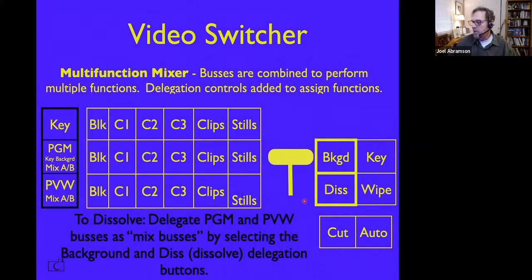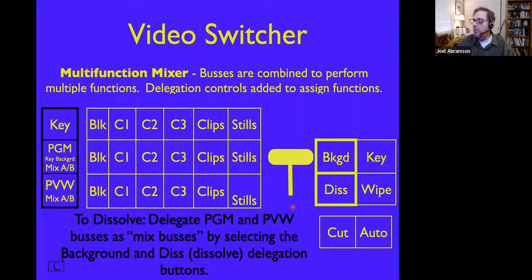So let's say we wanted a dissolve. Here's how this works: we hit the background key, and that delegates this for some sort of effect with our fader bar. And if we hit dissolve, that means it's going to make a dissolve, right?